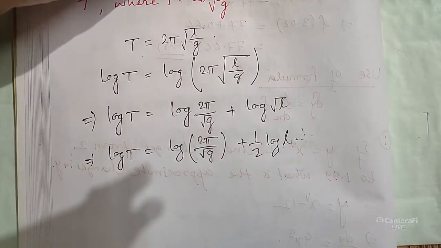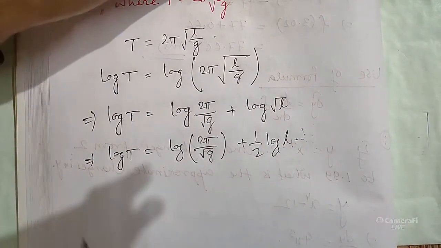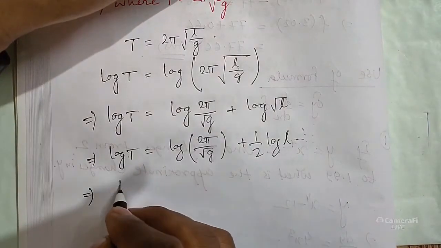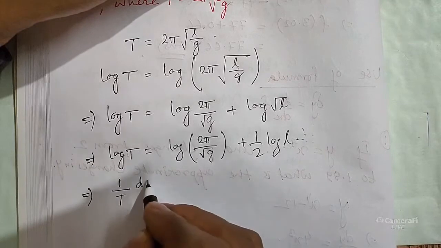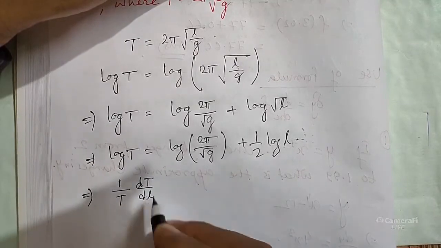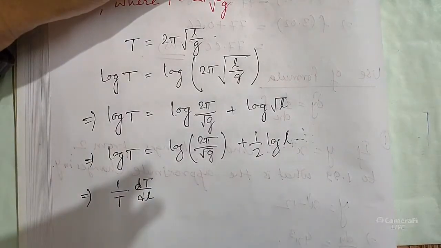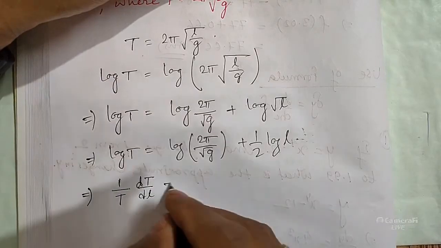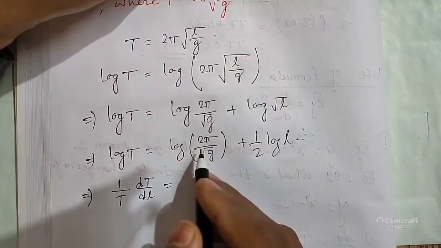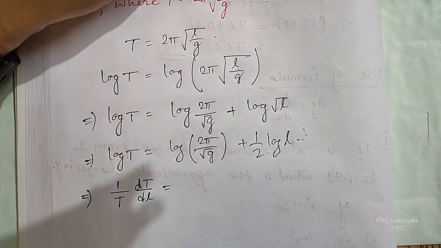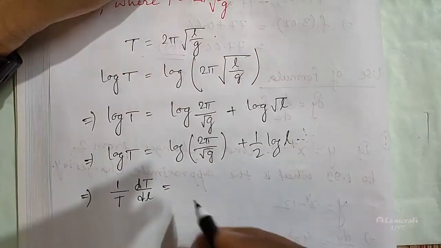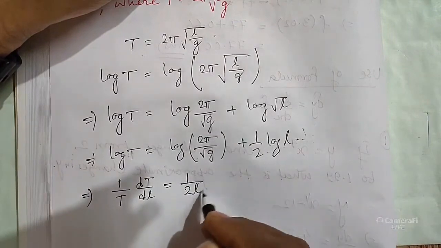Now if we differentiate both sides with respect to L, what do we get? Here 1 by T into dT by dL is equal to, here T is not present, L is also not present, so this is constant, that is 0, and here we will get 1 by 2L.